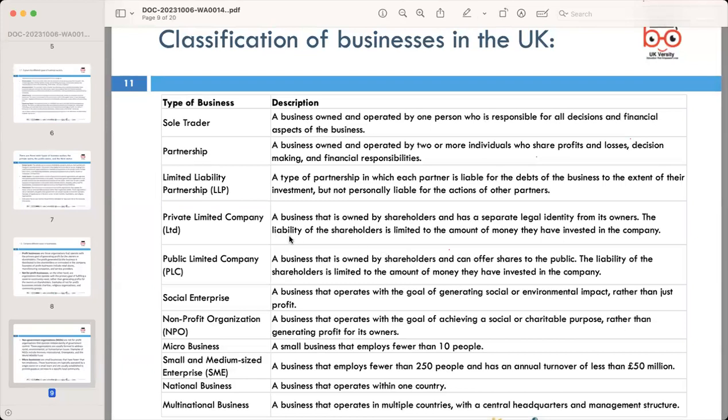Then community interest, a social enterprise is a business that operates with the goal of generating social or environmental impact rather than just a profit.